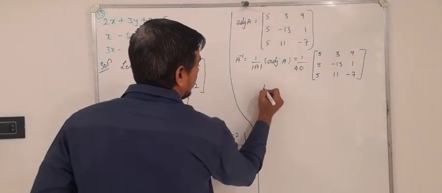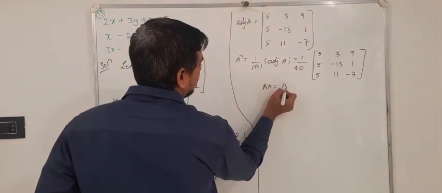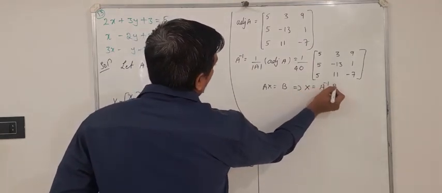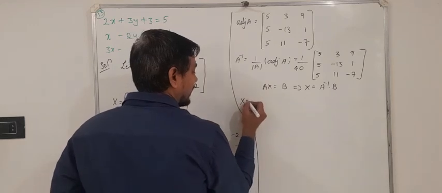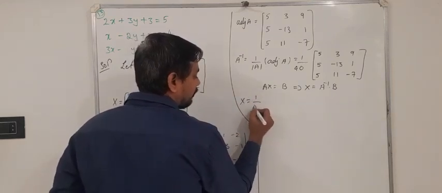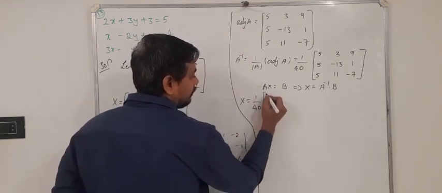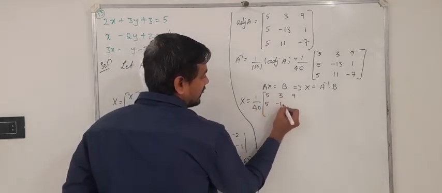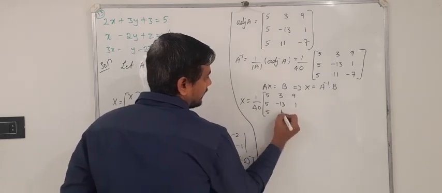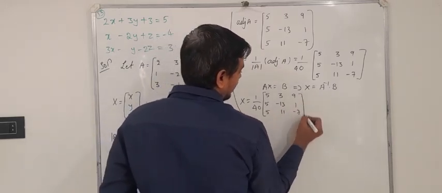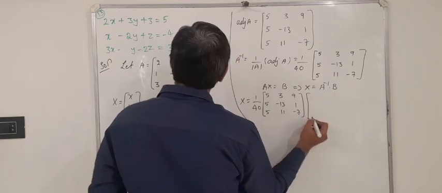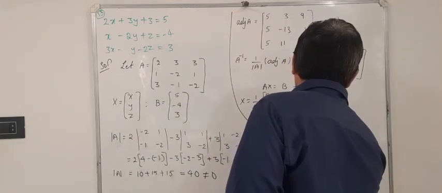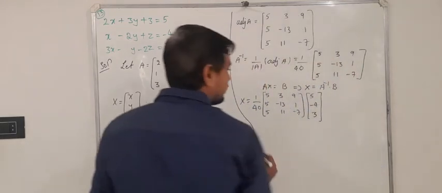We know that A into X is equal to B. So this implies X is A inverse into B, right? So I can write X is equal to 1 upon 40 into 5, 3, 9, 5, minus 13, 1, 5, 11, minus 7. This A inverse into what is B? B is 5, minus 4, 3, right?